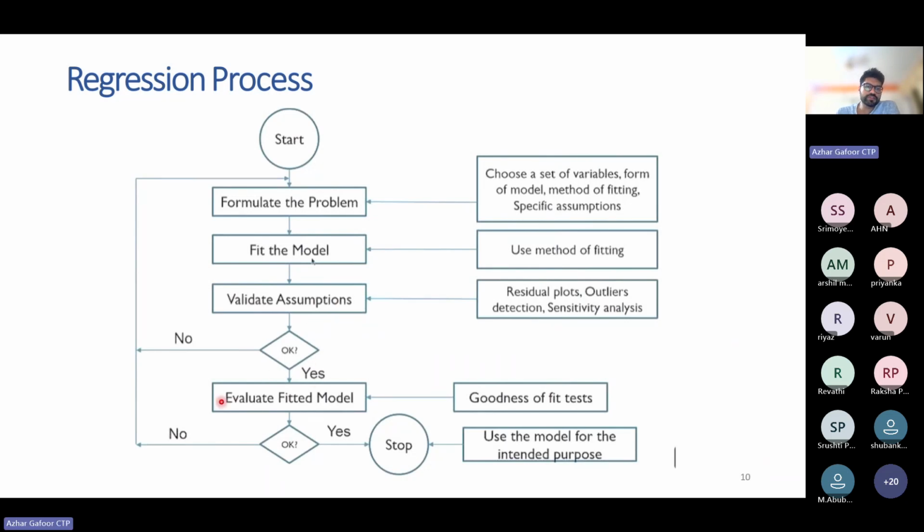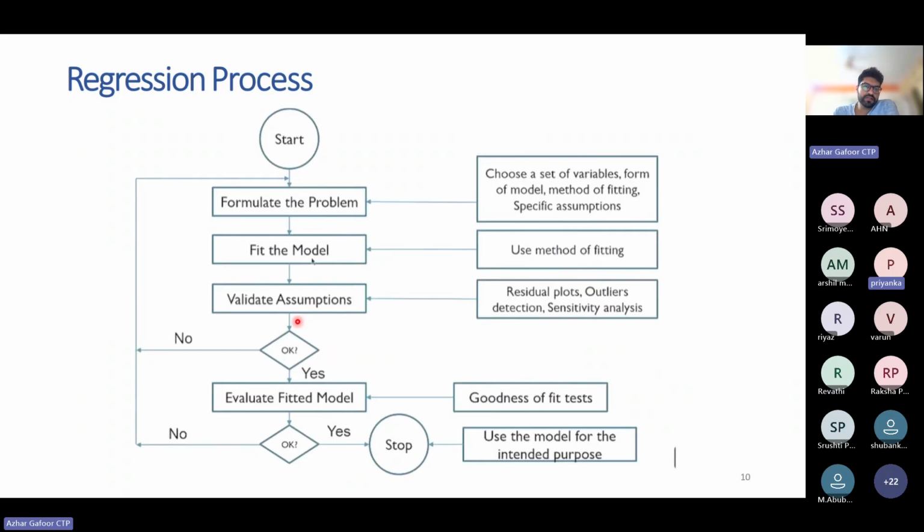We can move towards evaluating the model using unseen data. And if it's still okay, then we can stop and use the model for predicting the price or whatever the intended task is.